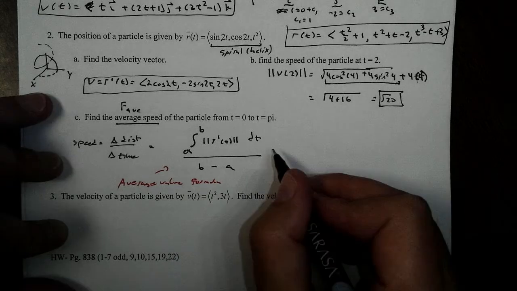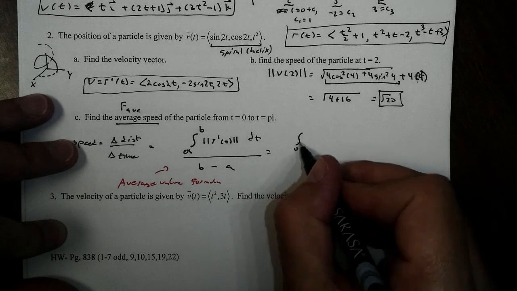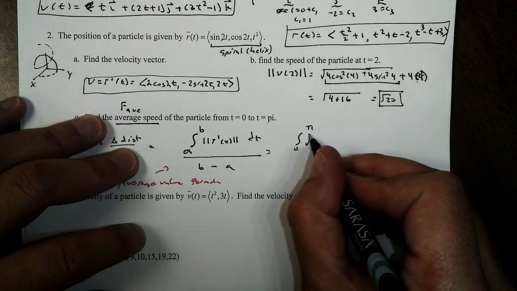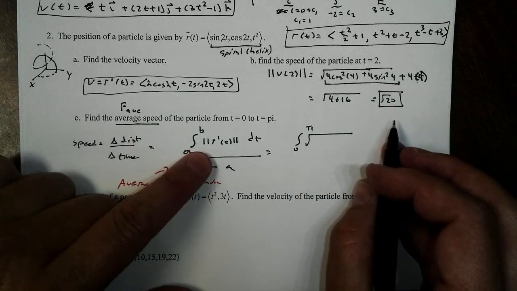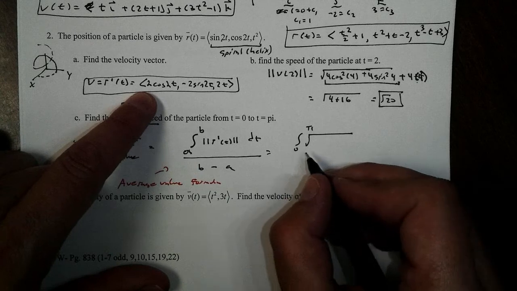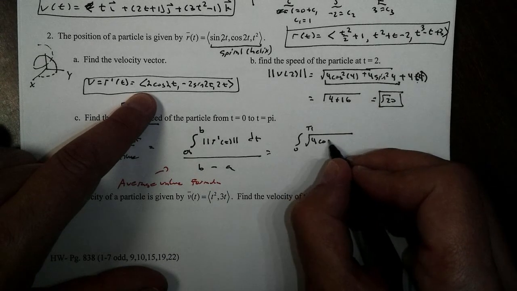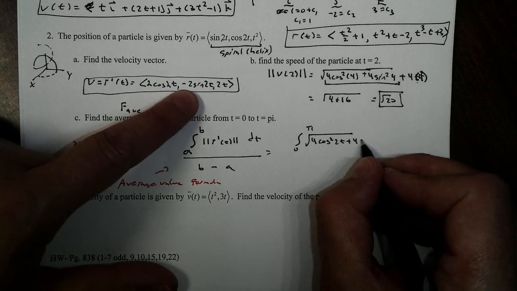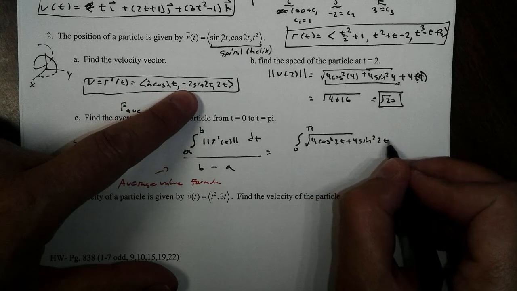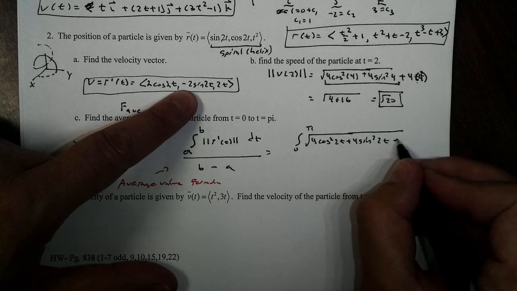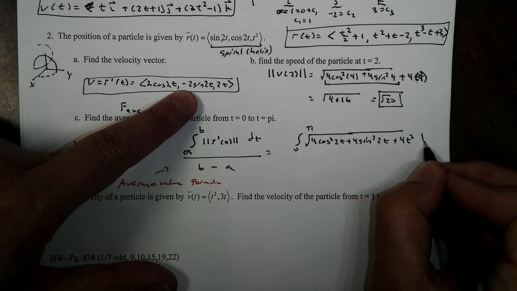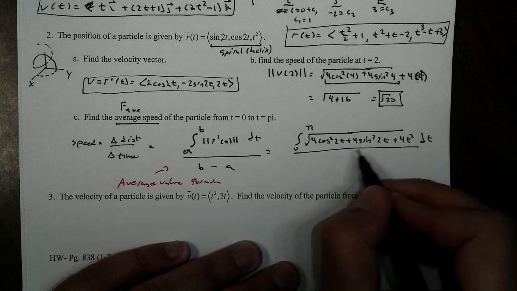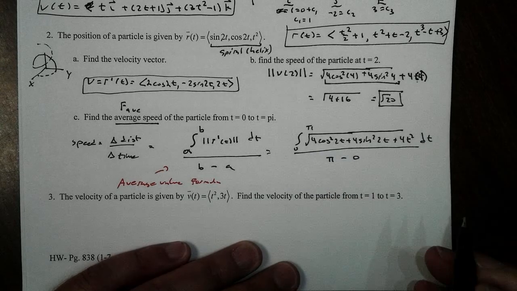So let's see here. So this is going to go from 0 to pi, and the square root of, ready, magnitude of r prime, well we already got that, that just becomes 4 cosine squared of 2t plus 4 sine squared of 2t plus 4t squared. Don't forget your dt, your differential, and you divide that by pi minus 0.